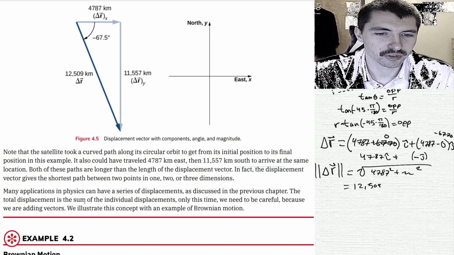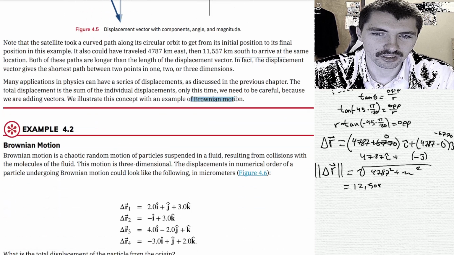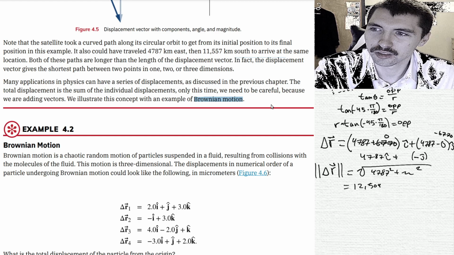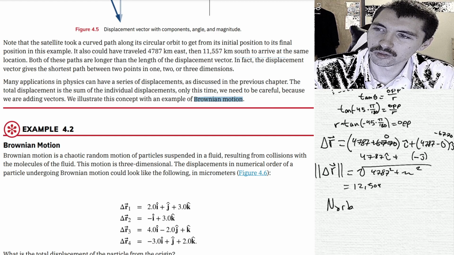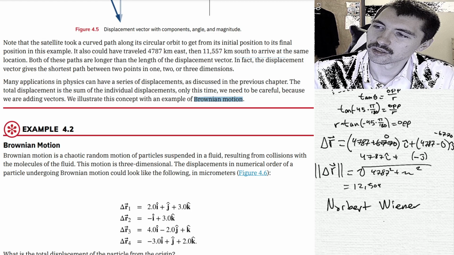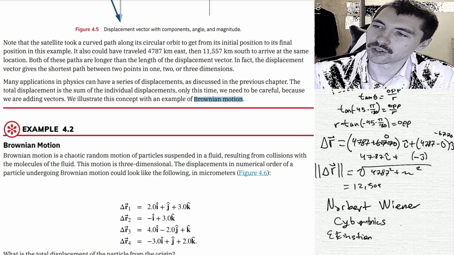The total displacement is the sum of individual displacements. Brownian motion. So this is an important concept, if you know anything about Norbert Wiener. He pioneered cybernetics, and Einstein and he both worked on Brownian motion.